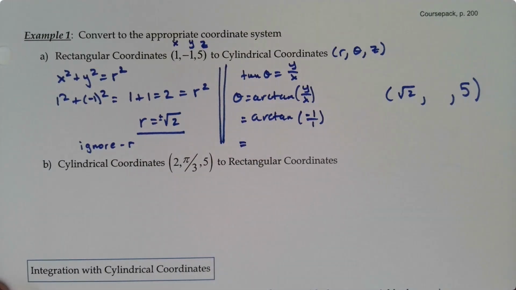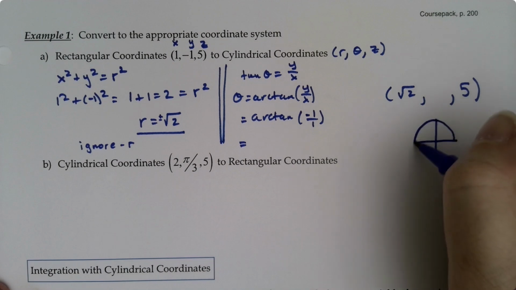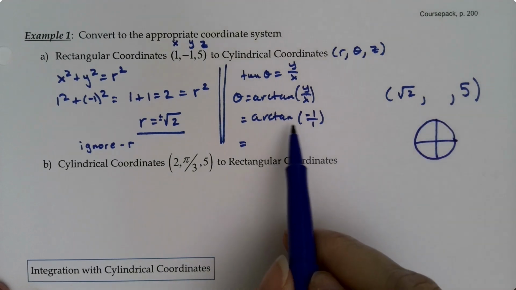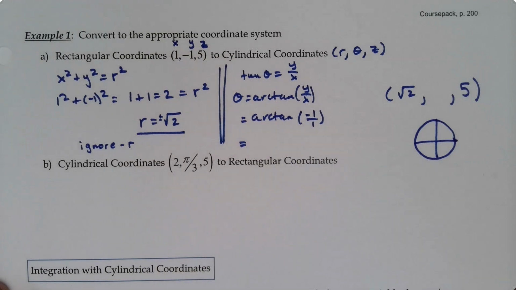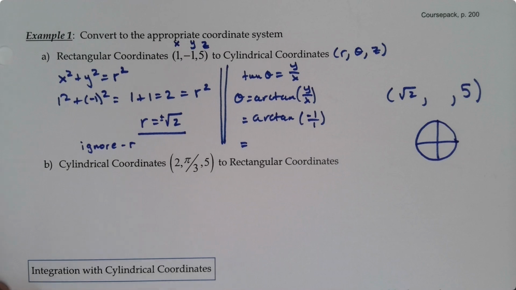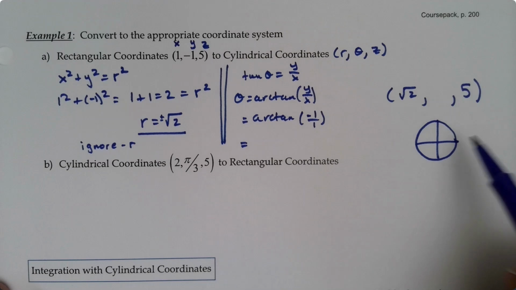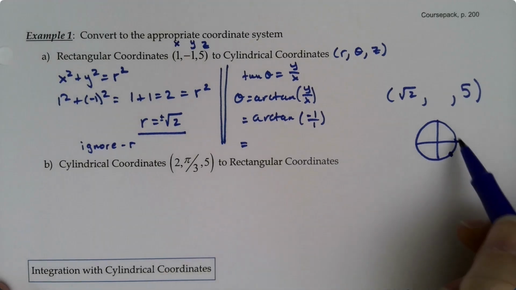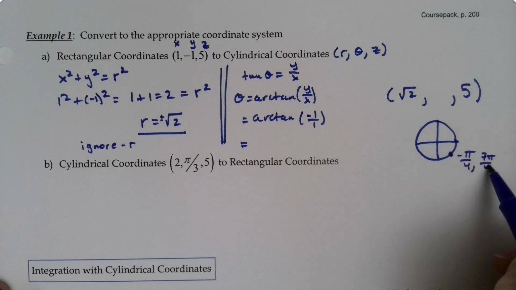So we have to know what angle on the unit circle would have the tangent of negative 1. And keep in mind, we know what quadrant we're in. I mean, the x and the y are 1, negative 1. So we know we're actually over here, right there. So we know what angle that is, right? That's negative pi over 4. Or if you will, it's 7 pi over 4, whichever way you want to write it.